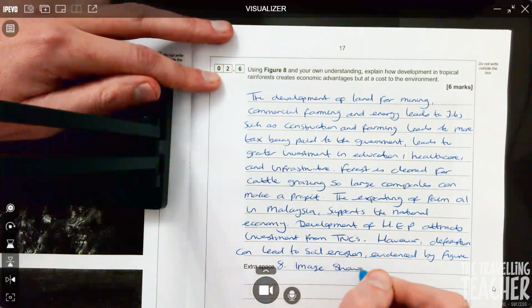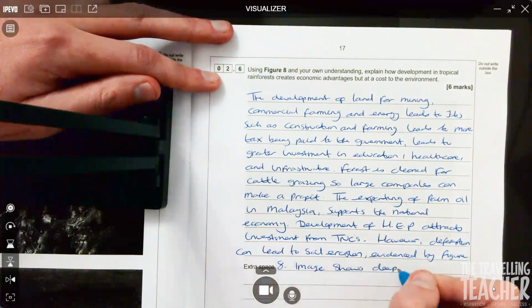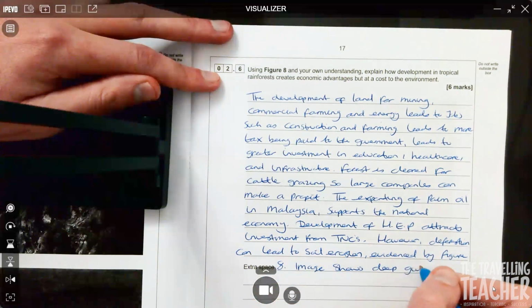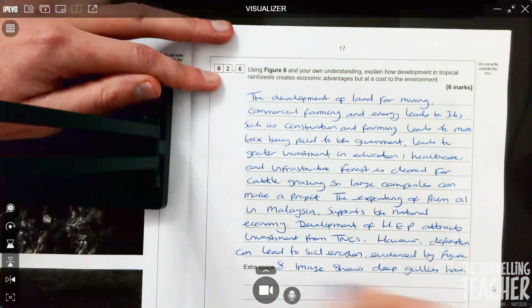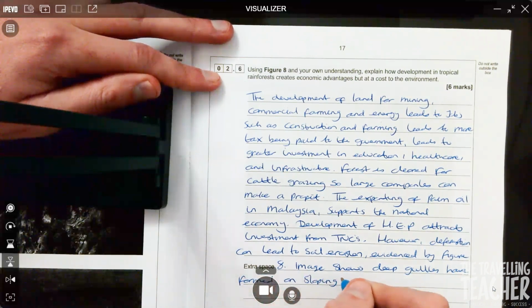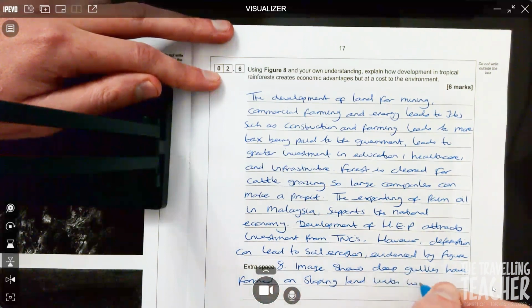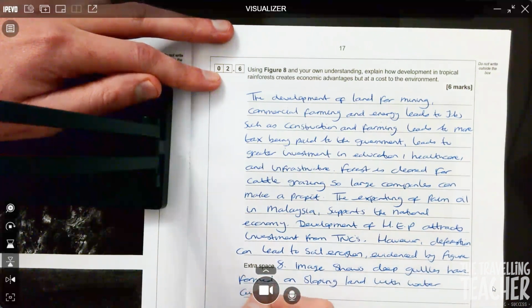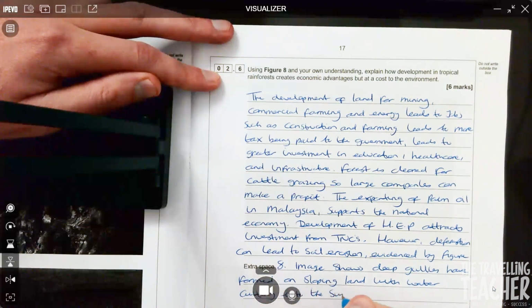The image shows deep gullies have formed on sloping land with water cutting into the surface.